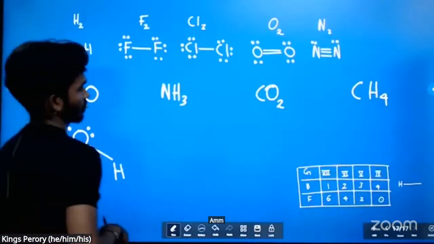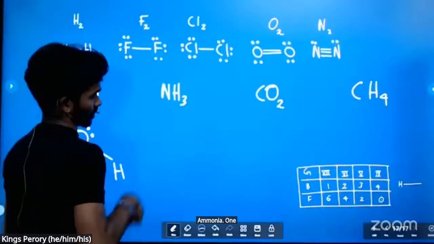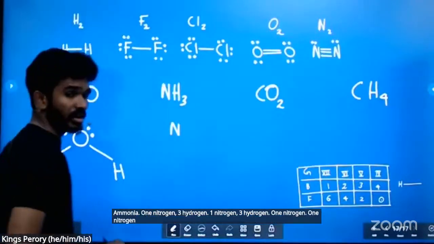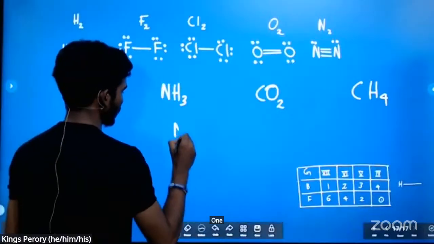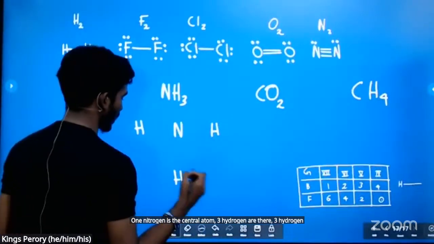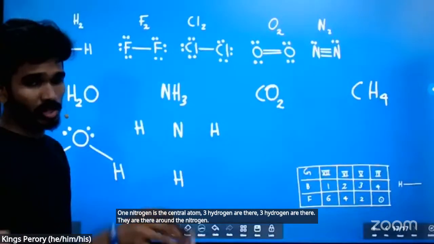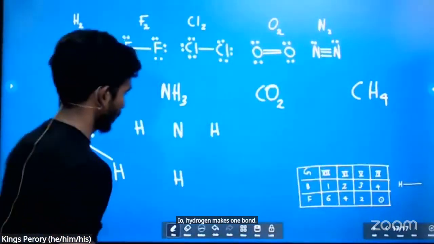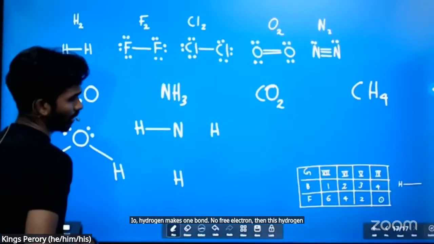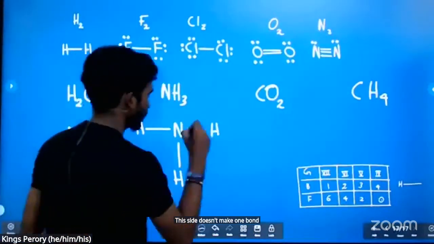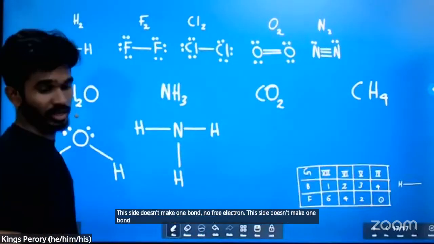Ammonia. One nitrogen, three hydrogen. One nitrogen is the central atom. Three hydrogen are around the nitrogen. What's the logic I taught you? Hydrogen makes one bond, no free electron. Each hydrogen makes one bond, no free electron.